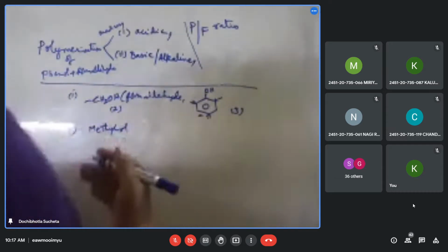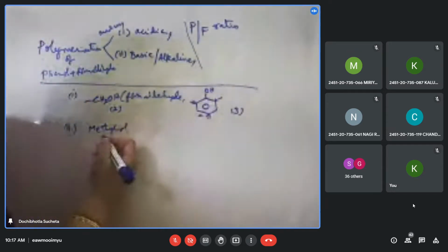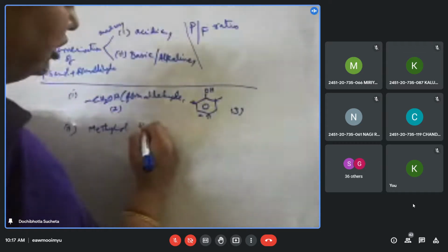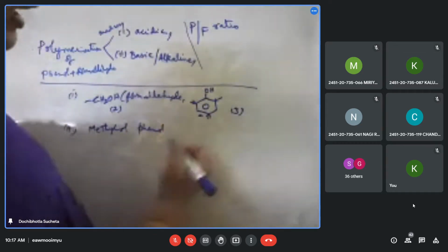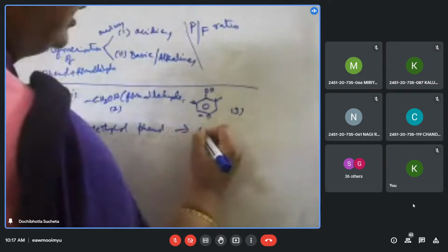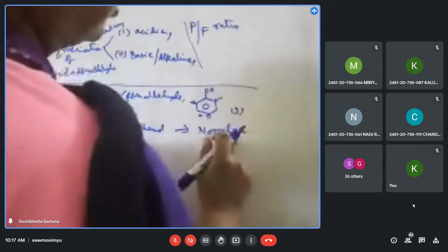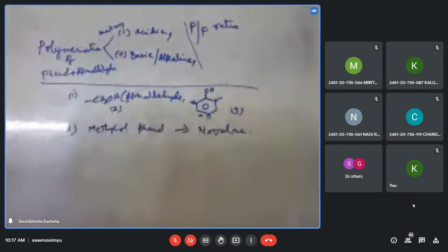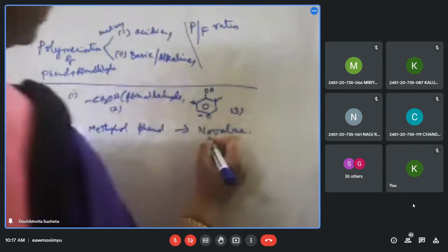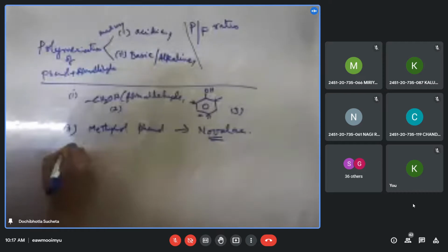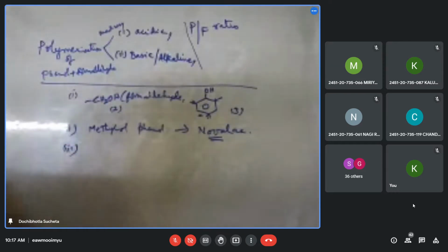This is a quick brief of what we studied yesterday. These methylolphenols undergo condensation again to form a linear, soft, flexible polymer called novolac. These novolacs are further subjected to heat treatment called curing.